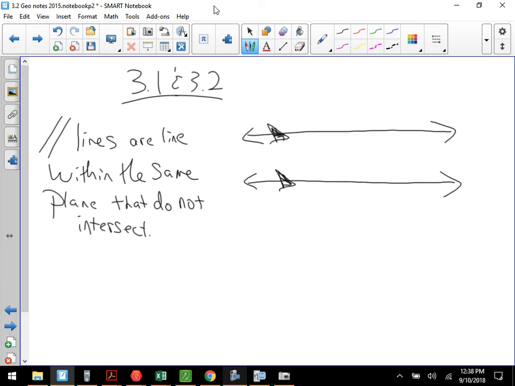Again, I'm sorry that I've got a couple 6, 7 vocab things today, but most of them shouldn't be all terrible. So parallel lines are lines that are within the same plane that don't intersect.